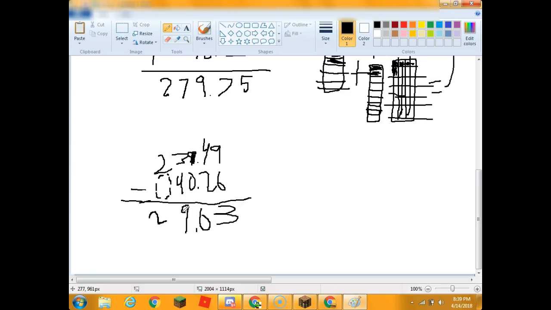I was correct on that one. But 3 minus 4, you can't do 3 minus 4, so you get a 1, and you get a 13. And then you subtract that by 4, and it gives you 9. And then we can erase the 2 and make it a 1. 199 and 63/100ths.